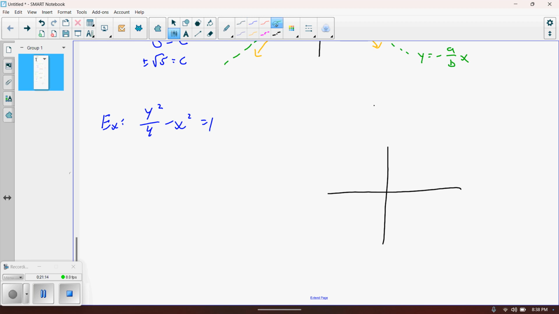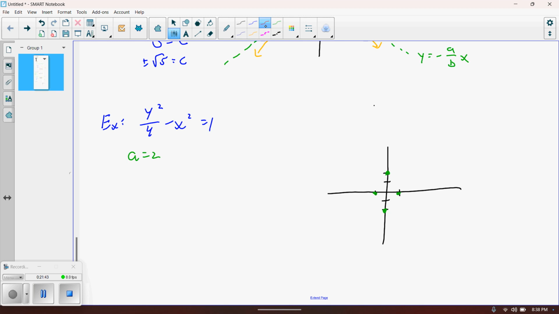The a value is 2, so that's going to tell us the location of our vertices, positive and negative 2. The b value, again, that goes under the x part in this case, is 1, so that's going to tell me that I'm going to have my box formed by those things right there.